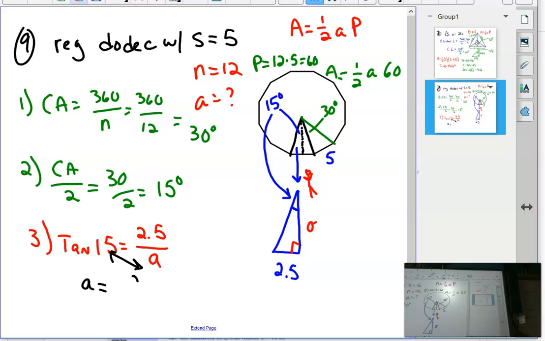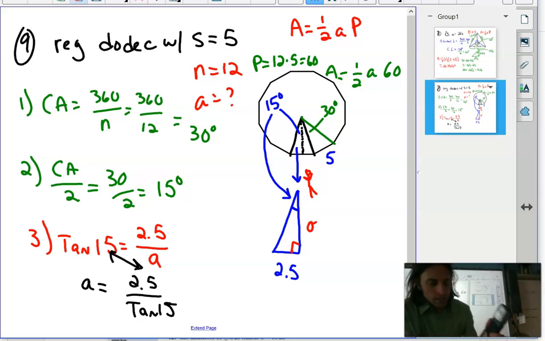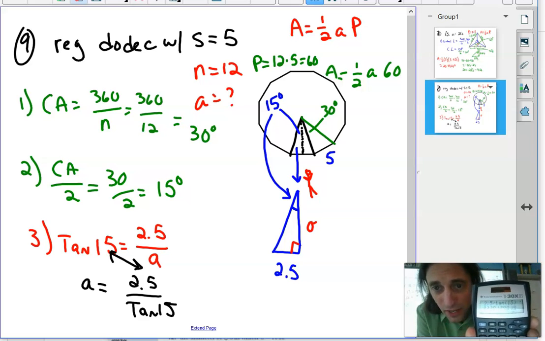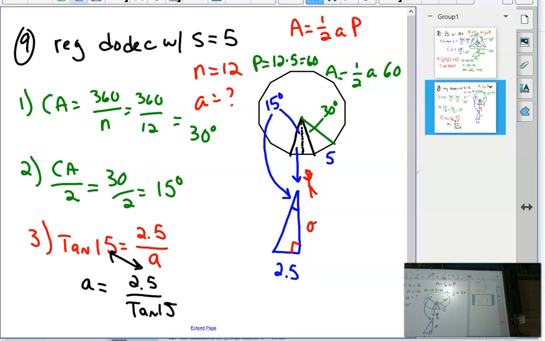A equals 2.5 divided by the tangent of 15. So I do that on my calculator, 2.5 divided by tan 15. I get some crazy number, 9.33. I'm not going to do anything with it. I'm just going to plug that straight into my formula. So this is 9.33. I'm going to plug it in right there.